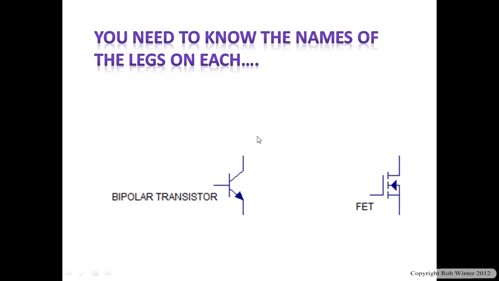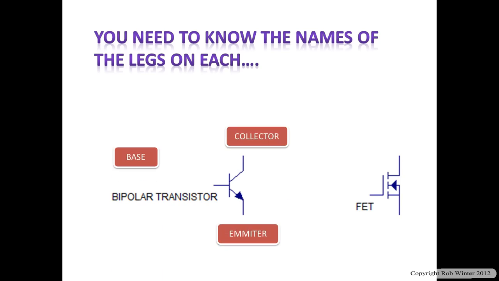This is what the symbols look like. Bipolar transistor is the most common type, that looks like this, and field effect transistor looks like that. Names of the legs, there's a sort of easy way of remembering, I'll tell you about it just now. It's easy to explain with a diagram, but this is what the legs are called. This one on the left is the base, this is the collector, this is the emitter. If you imagine in a circuit you'd normally have positive at the top, and you can imagine that that wire goes up to positive, so it's collecting the energy from the battery.